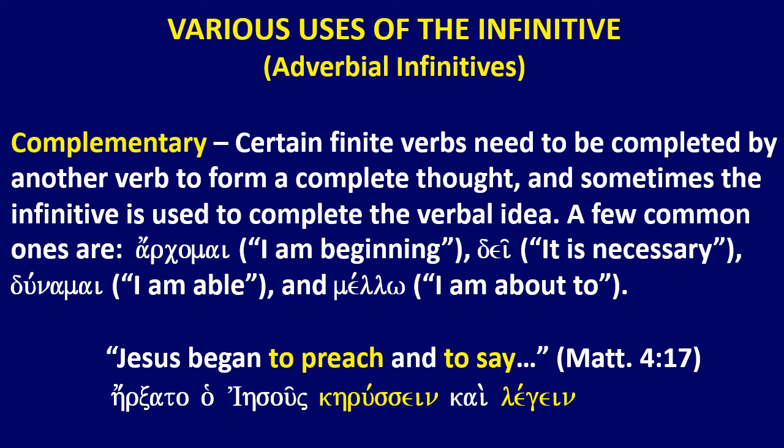So both "to preach" and "to say" complement ērxato, or the aorist indicative form of archō. I should say that this complementary adverbial use of the infinitive is something that's very common in the New Testament in Koine Greek.